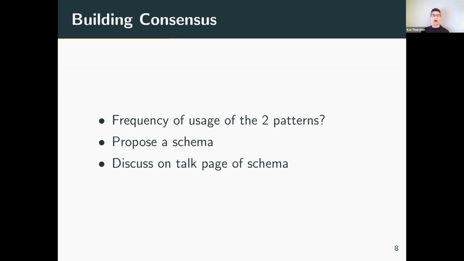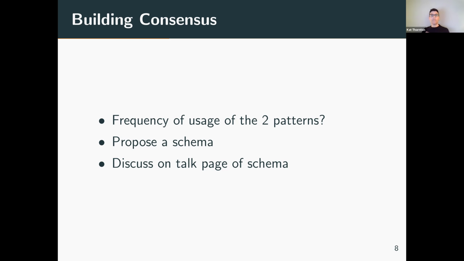So this is often a result of editors not being aware of one another's work. If someone does notice that there are multiple patterns in use, there's no single place for the discussion about a solution. Some people might discuss it on the talk page of an item if that's where they see the issue come up.